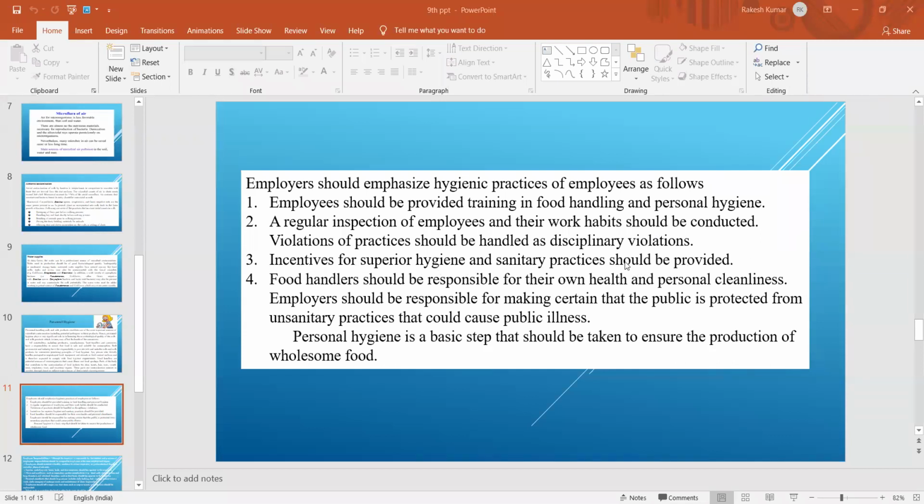Just by giving some kind of incentive, you can maintain a situation which is good for the handlers. Employees should be responsible for making certain that the public is protected from unsanitary practices that could cause public illness. Personal hygiene is a basic step that should be taken to ensure the production of wholesome milk.